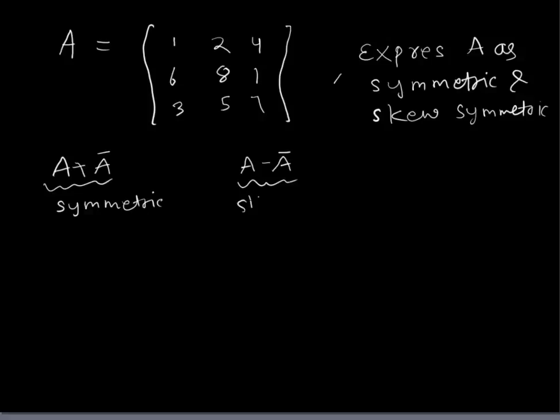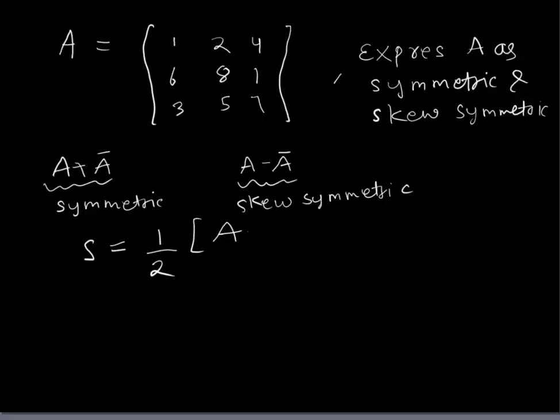We just proved that. Skew symmetric. Now if I want to represent A as a sum of skew symmetric and symmetric matrix, I can just do a simple algebraic manipulation here.